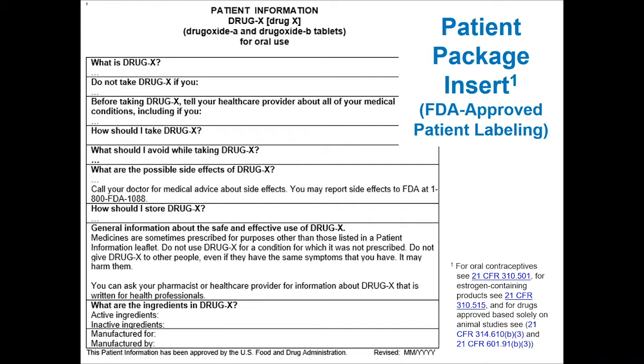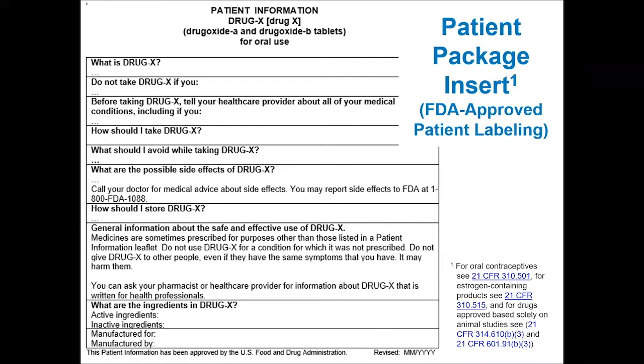Anthrax, for example, is a case where obviously it would be unethical to study the drug in humans. There are also some drugs approved for hematological side effects from radiation exposure. That's another example of drugs approved under the animal rule.